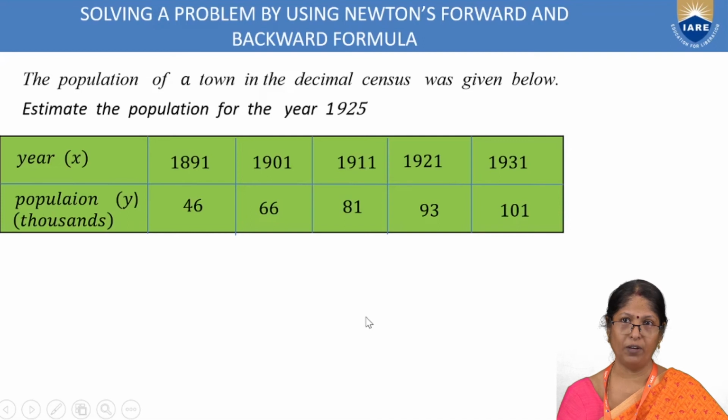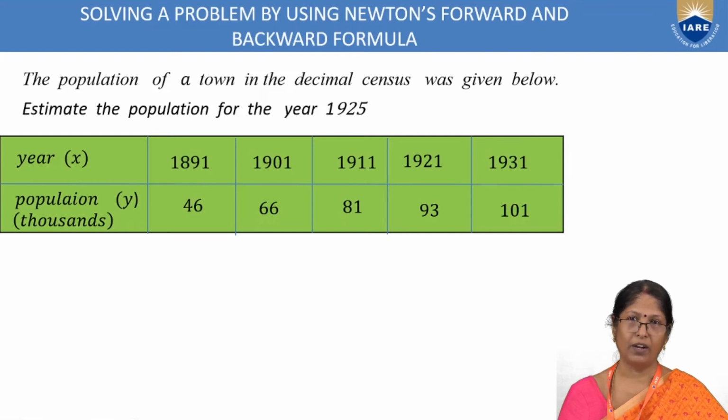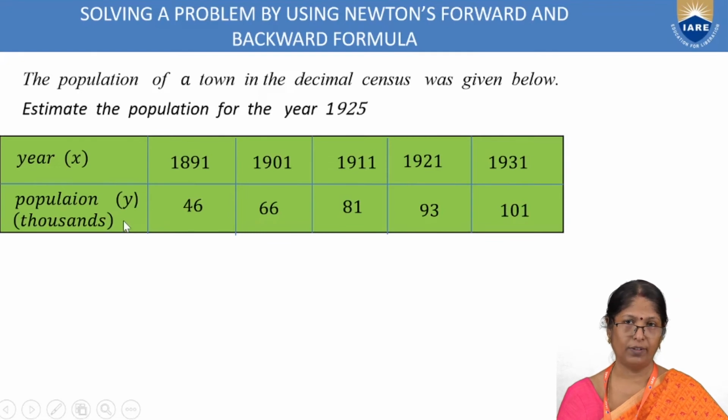Now we will take one problem. Here the years are given, starting from 1891, 1901, 1911, 1921 and 1931. The population is given in thousands. We first have to understand the question very clearly: what is given and what they are asking us to do.